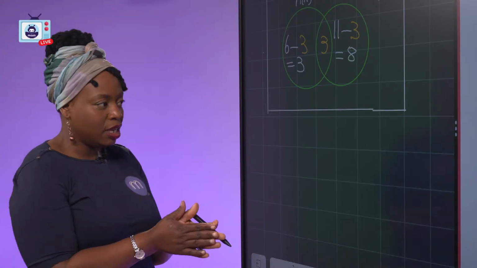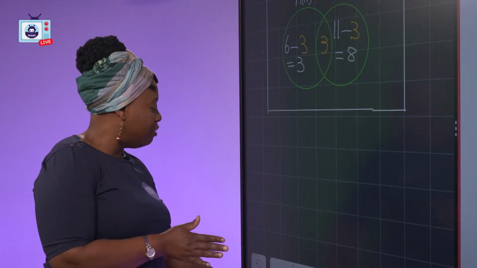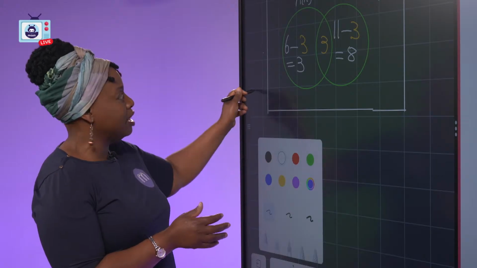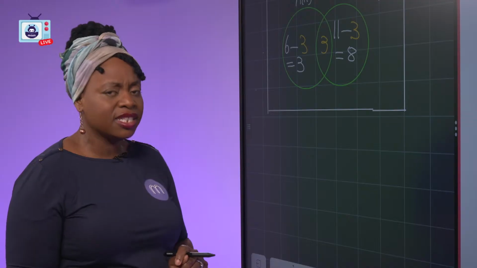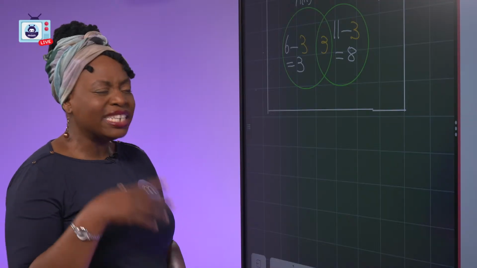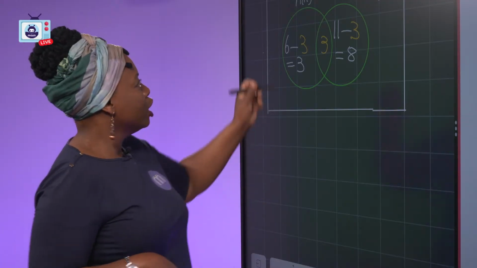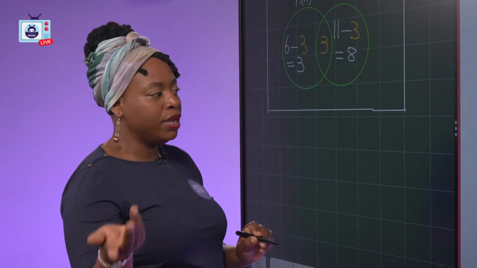Something is missing. So what is missing then? We can find it by doing some sort of calculation, or you can actually just say 3 plus 3 is 6, plus 8 is 14. What is missing for me to have the total of 16 will then be 2.